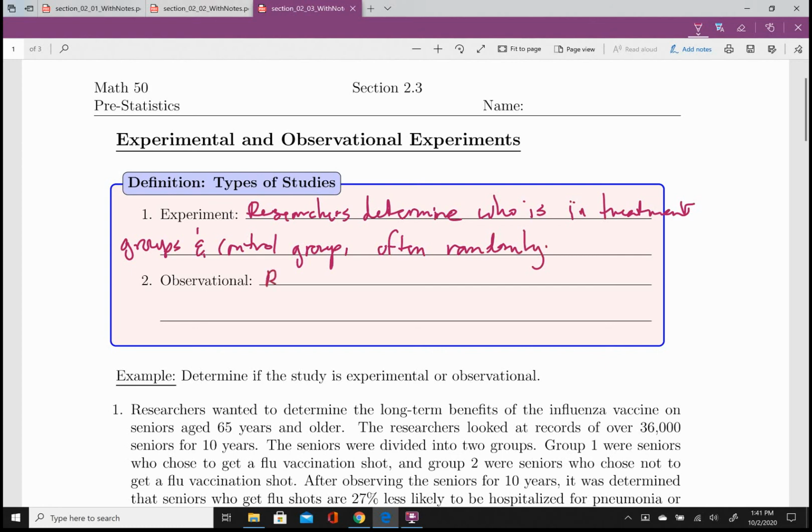So researchers do not determine who is in treatment or control groups.